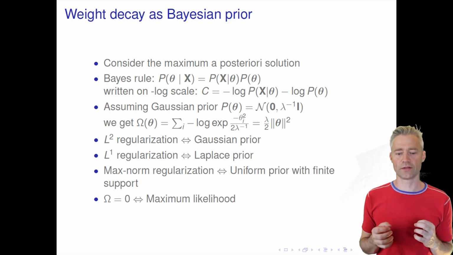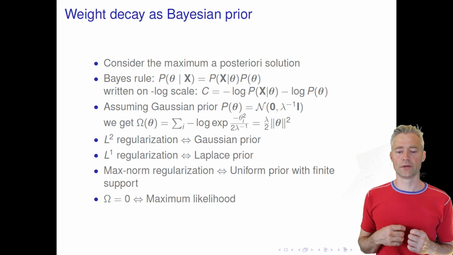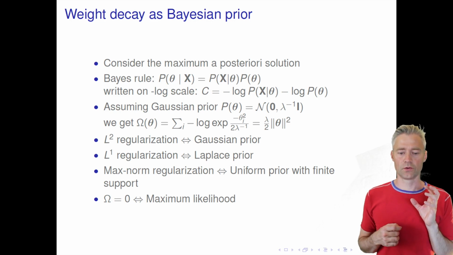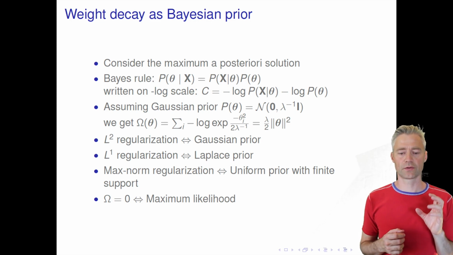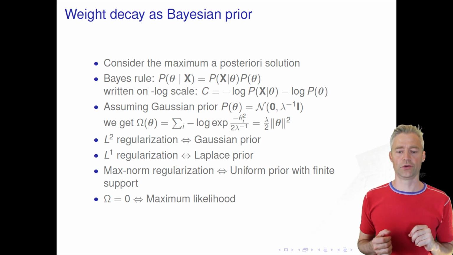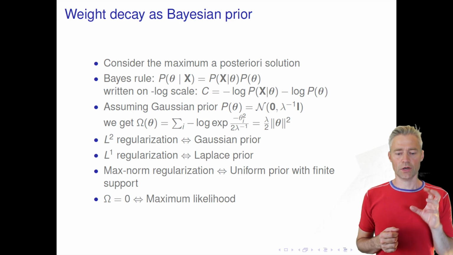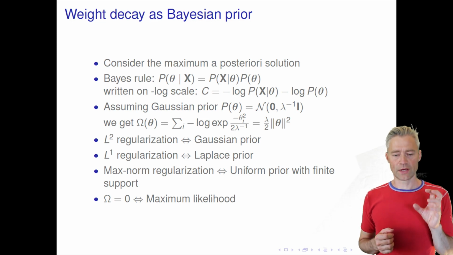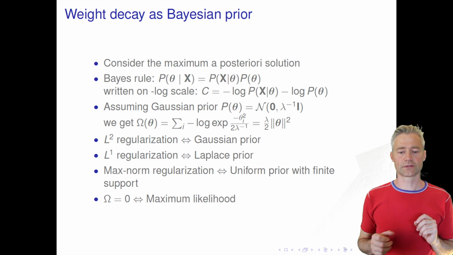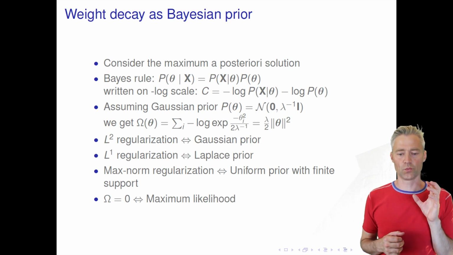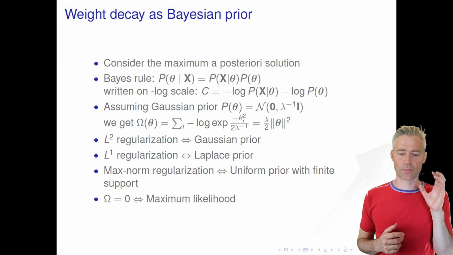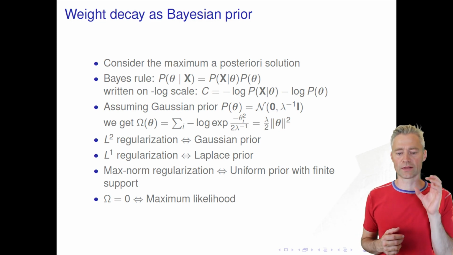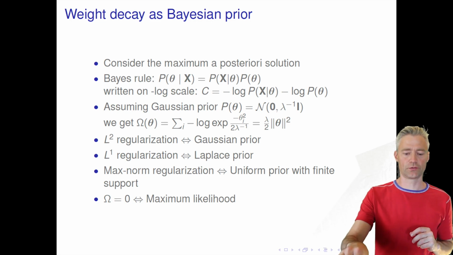But the connection is that you can look at the penalty with regularization as minus the log posterior distribution, or proportional to that, or up to a constant factor equal to that. So with regularization, we are now finding the maximum point of the posterior distribution.